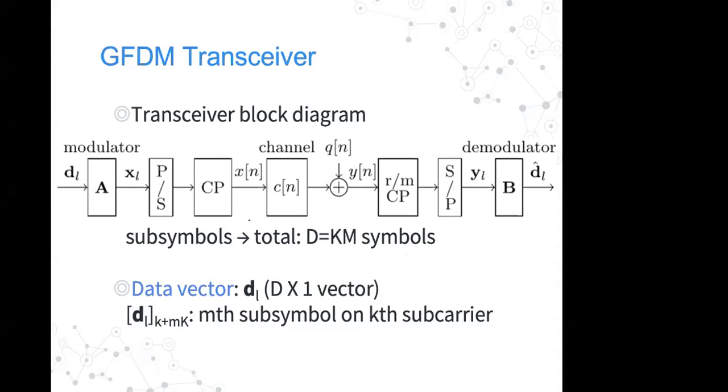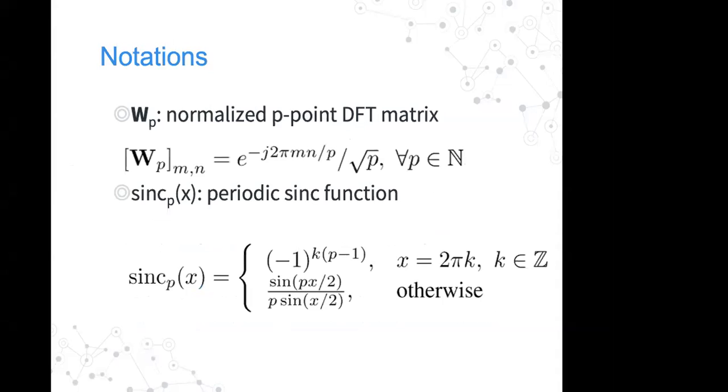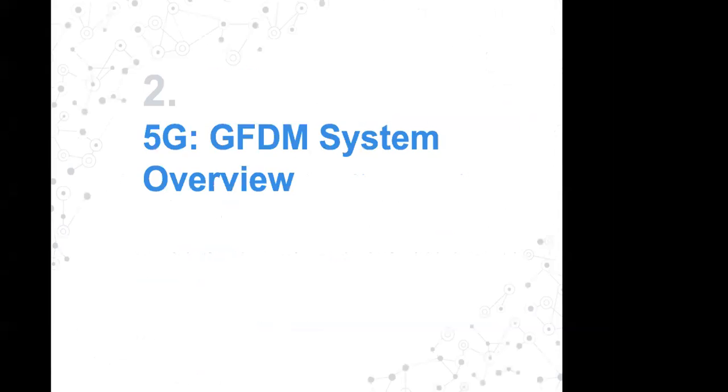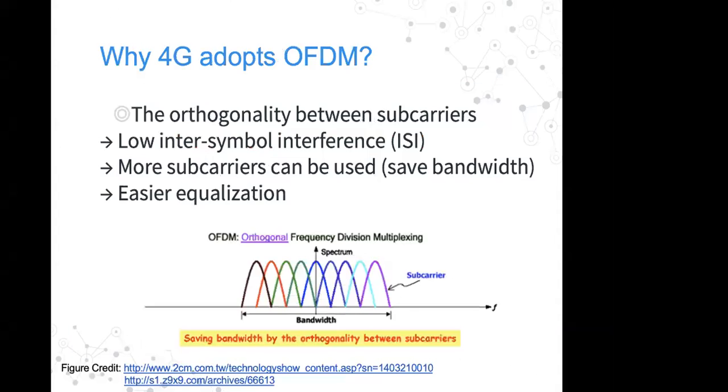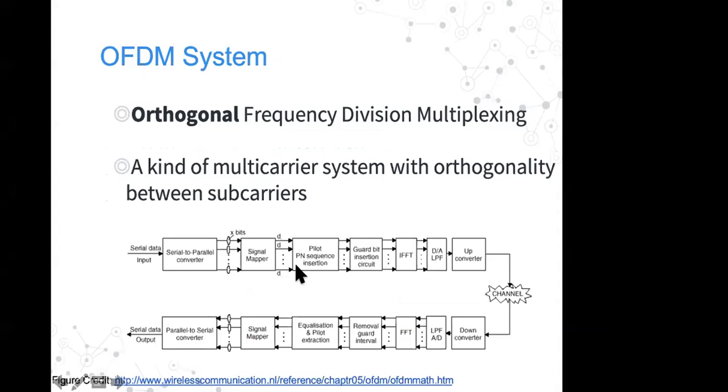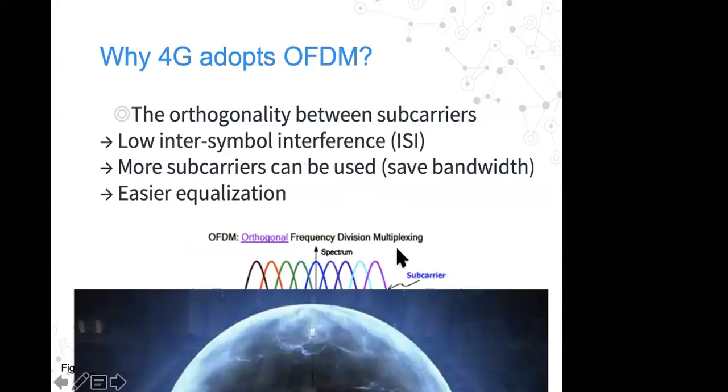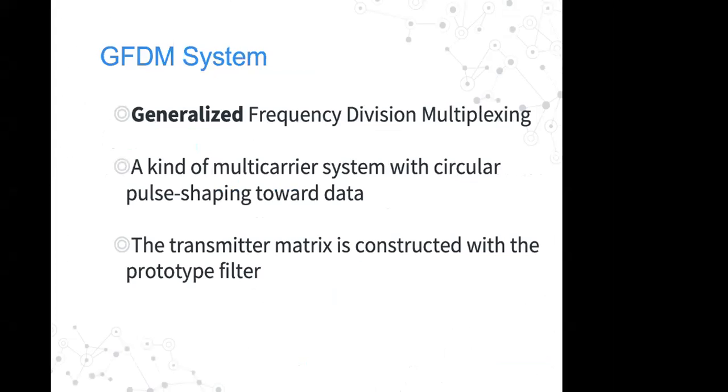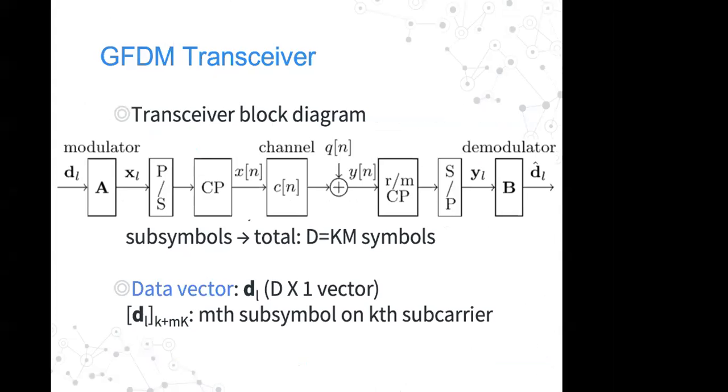Because I said, to go back to the OFDM, there we use a mapper, pilot insertion, and guard insertion. After that, I use the IFFT block, right? So this IFFT block is now taking in this format A. I take D data symbols at a time.